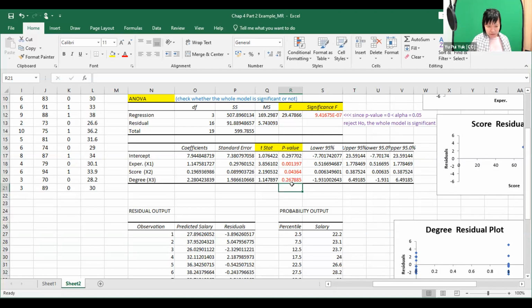By the p-value, both p-values of X1 and X2 are less than alpha equal to 0.05, so they are significant in the regression model.